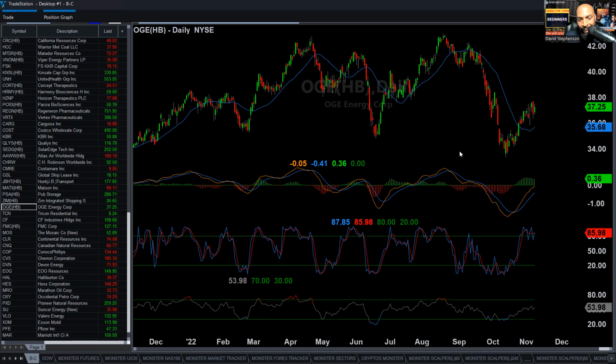These are lagging indicators. Usually by the time we get a buy signal, it's too late. It's either too fast or it's too late.